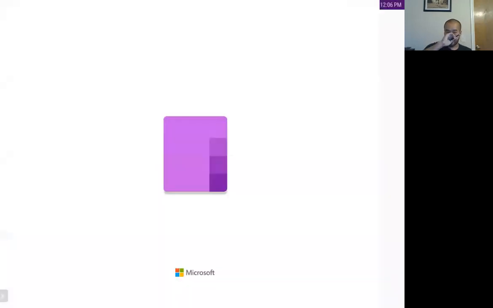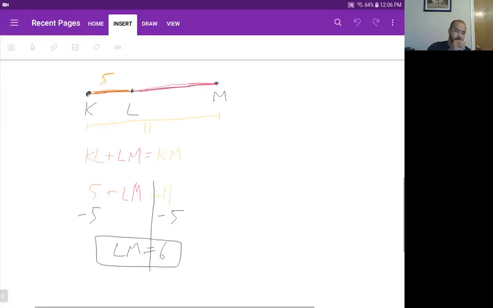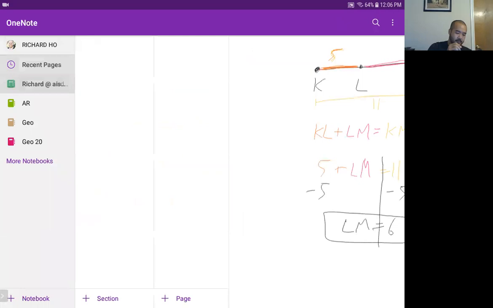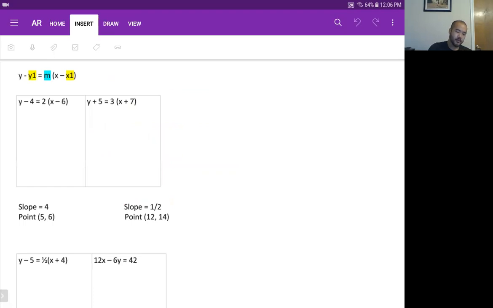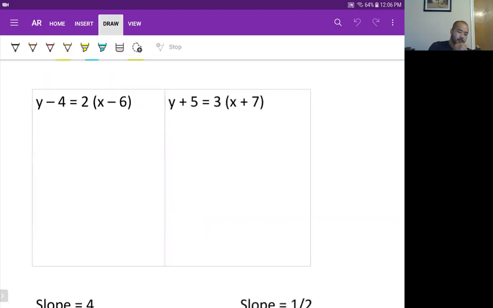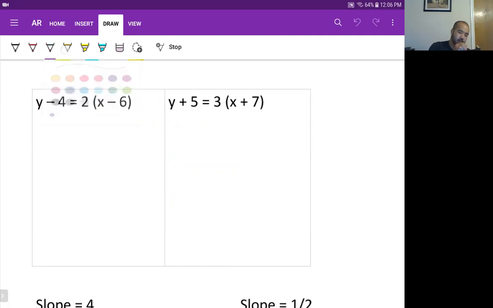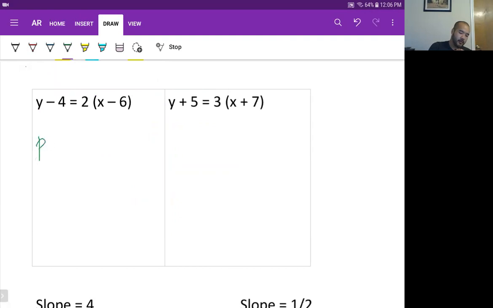So the first thing you need to be able to do with these is to identify the point that it goes through and also the slope. This is not the right page. Here we go. So we need to be able to identify 2 things. I need to change my colors back. You need to be able to identify the point and the slope.